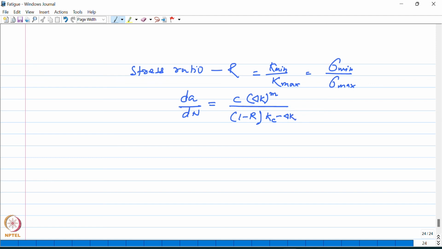Okay, and generally the effect of increasing R is less in region 2 compared to that in region 1 and 3.